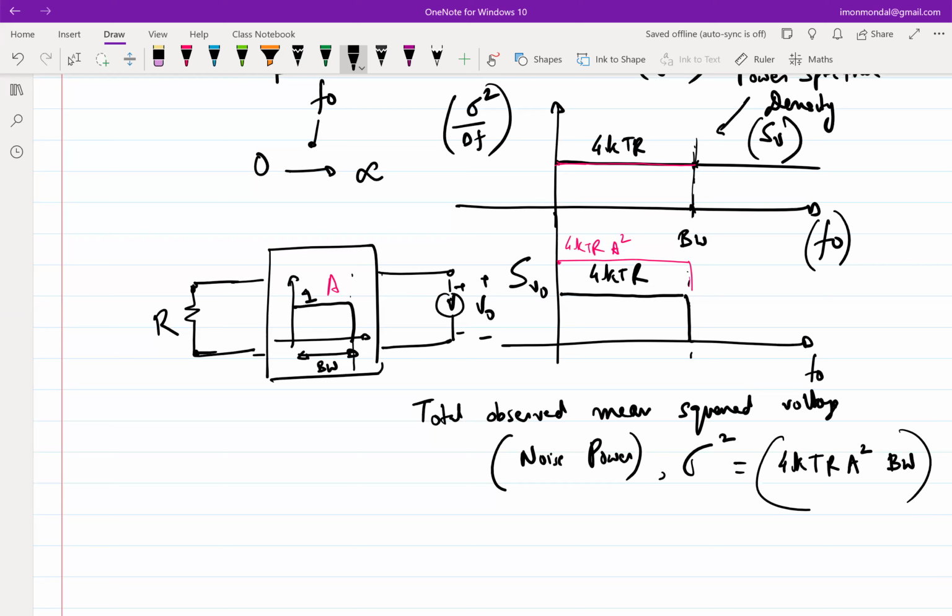But if the signal is also at only a single frequency, then why do I bother if the noise is spread across and the signal is at a single frequency? Is that what you are saying? So the question is valid only if I am interested in one single frequency. And if I am interested in only one single frequency, I will not have this window of filter which is so wide. I will have a bandpass filter around that frequency.